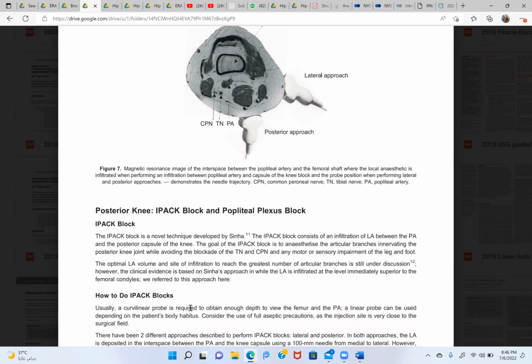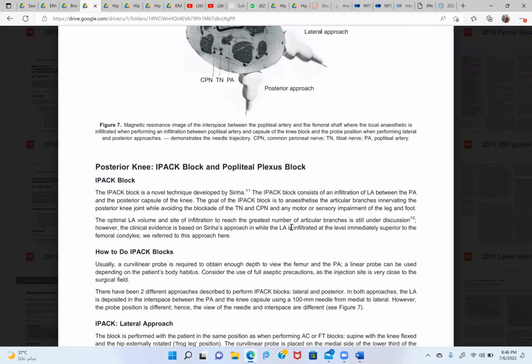It's something good for Asians, that this block was described by one of the Indians. It's just like the TAP block, transversus abdominis plane block, which was also identified by one of the Asians, Dr. Rafi, many decades ago.